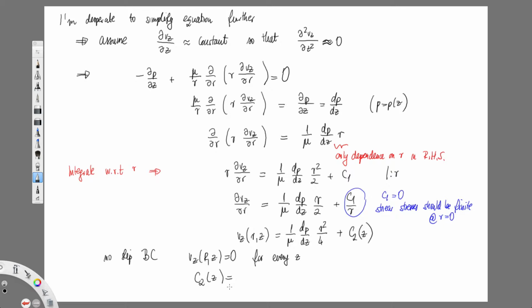And it's equal to minus 1 over 4 mu dp/dz R squared. So all in all, formally, I will have pretty much the same form.